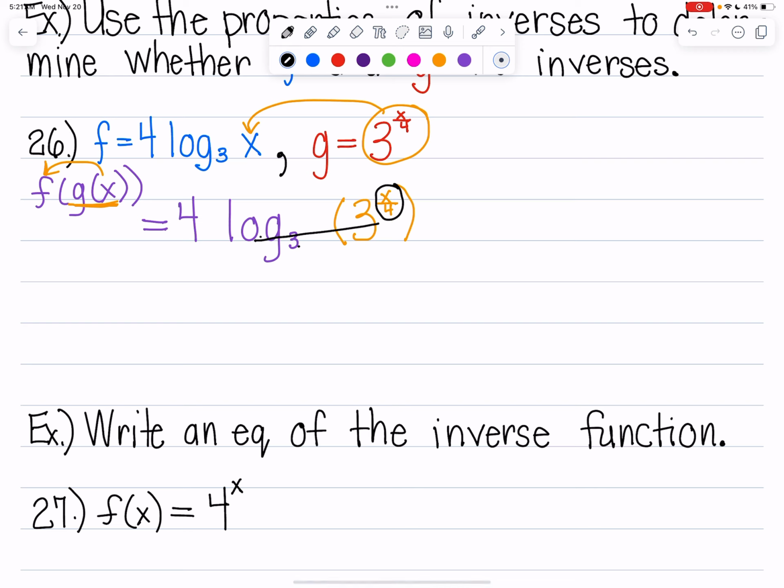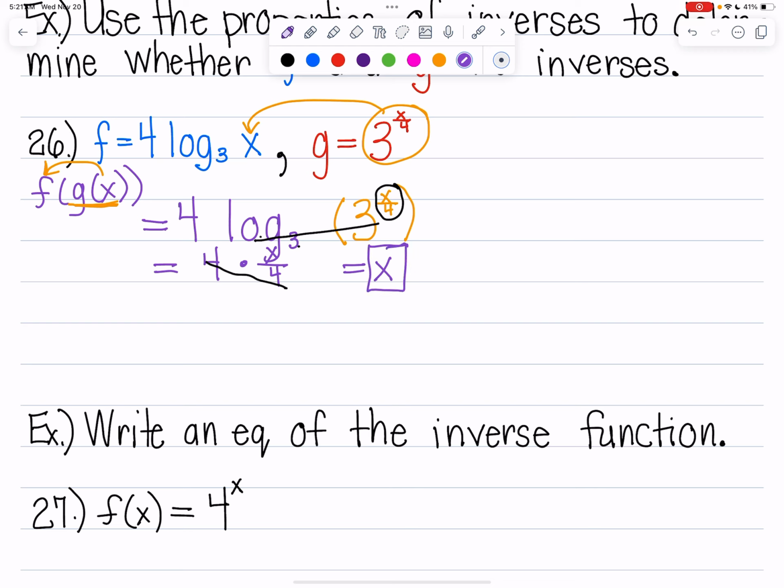But look what we have on the outside. We have 4. So let's write this. We get 4 times what is left, which is x over 4. What cancels each other out now? This, leaving us with just x. Okay, so we get x this way.